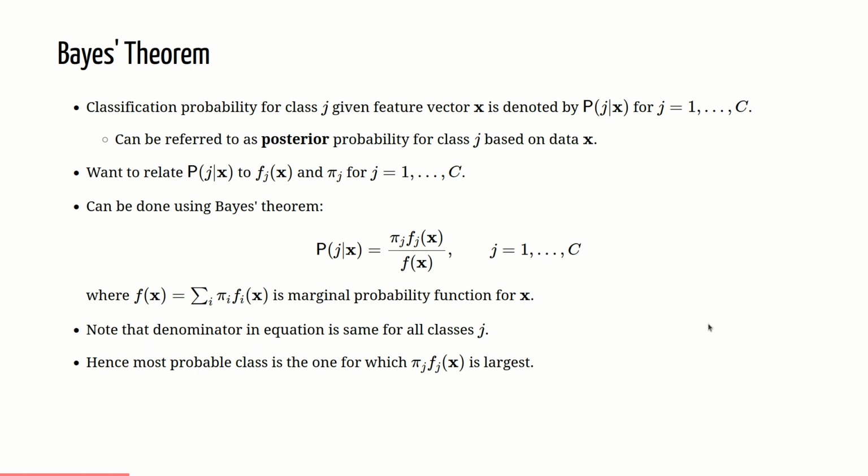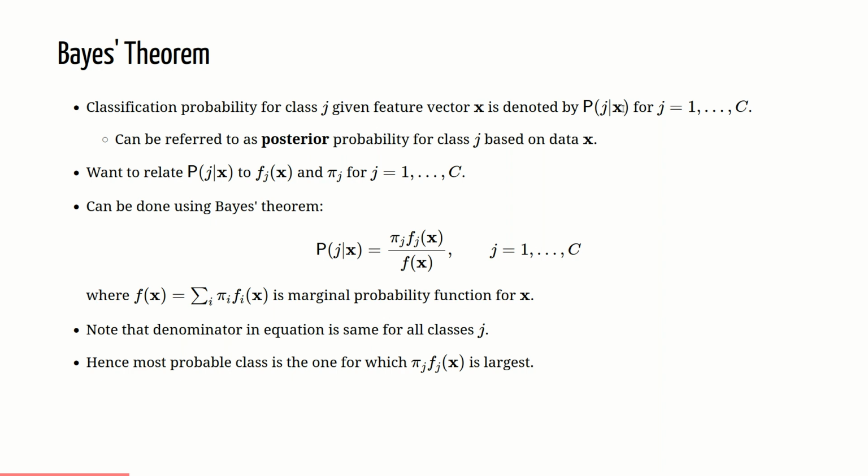So the classification probability for class J, given the feature vector X, is the conditional probability of being in class J given X, which is the other way round to the conditional probability Fj.